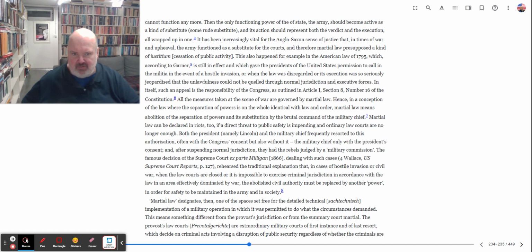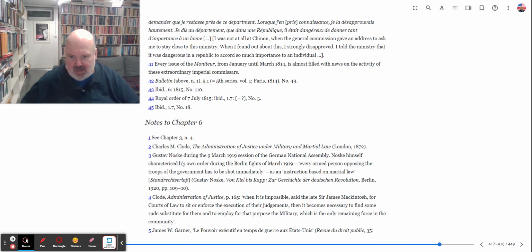Then the only functioning power of the state, the army, should become active as a kind of rude substitute, and its action should represent both the verdict and the execution, all wrapped into one. Again, administration of justice. When it is impossible, said the late Sir James Mackintosh, for courts of law to sit and enforce execution of their judgment, then it becomes necessary to find a rude substitute for them and to employ for that purpose the military, which is the only remaining force in the community.